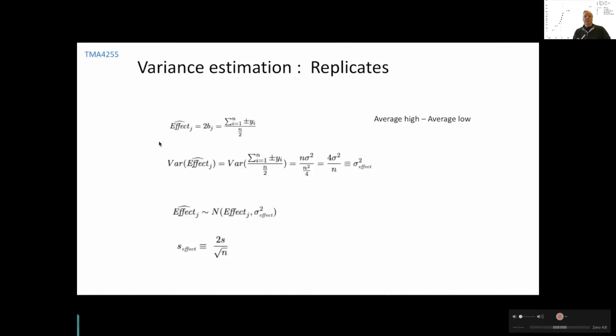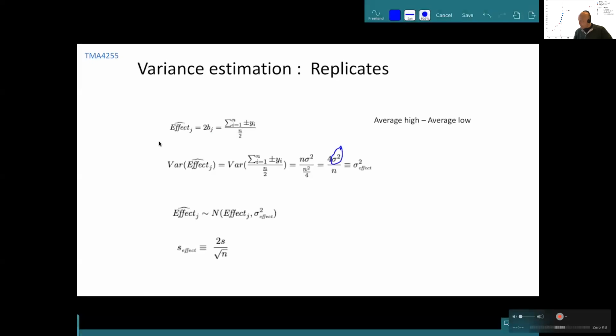The replicate variance then is representing this epsilon variance. So it's not really representing the effect variance. There's a difference between the standard error of the coefficients or the effects and the standard variance of the residuals. So we have to discriminate between sigma squared and the sigma of the effect, and this is the relation.